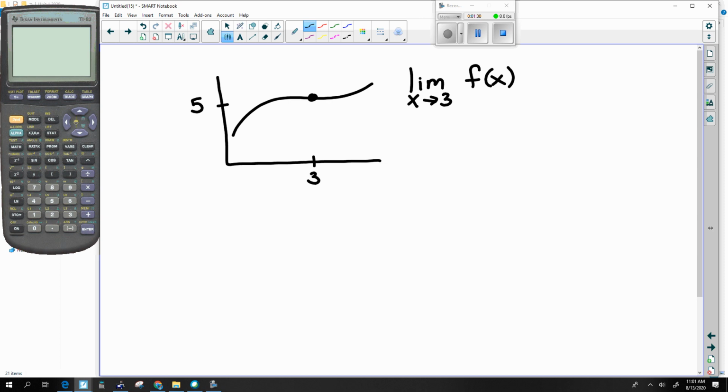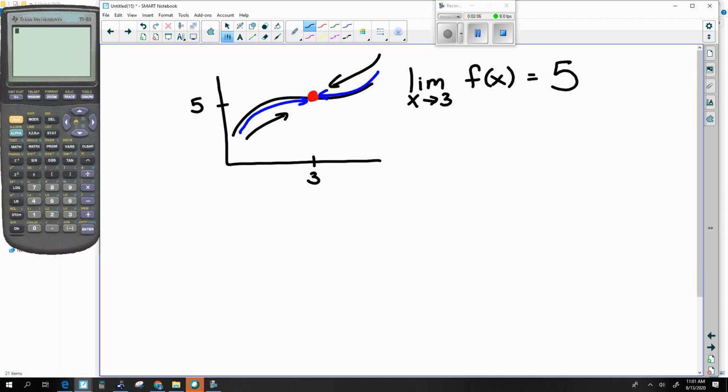Again, it's not asking where the physical point is, but rather, what does the line leading up to it imply that the point should be? Because the line on the left-hand side and the line on the right-hand side are both converging at 5, yes, the limit of f of x is equal to 5.